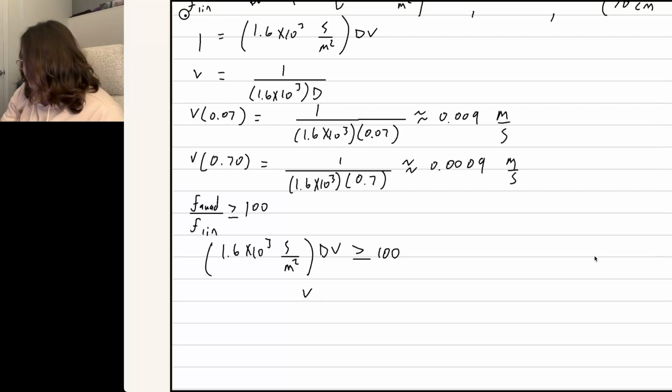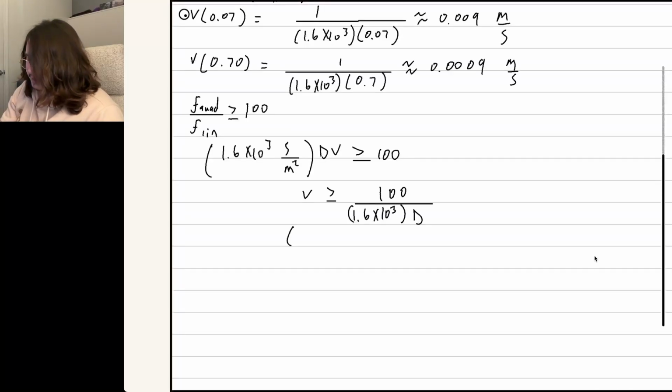So velocity is going to be greater than or equal to 100 divided by 1.6 times 10 to the 3 seconds per meter squared times the diameter.